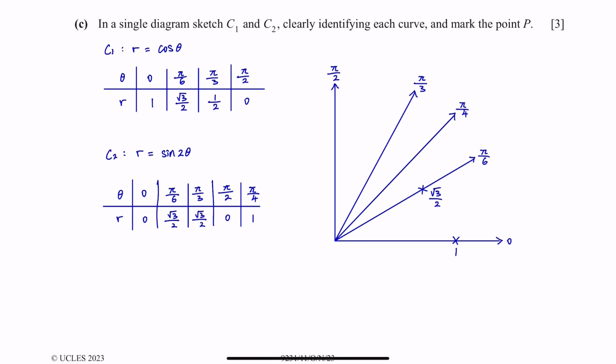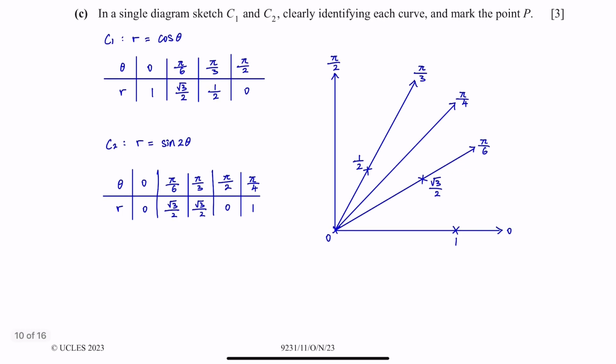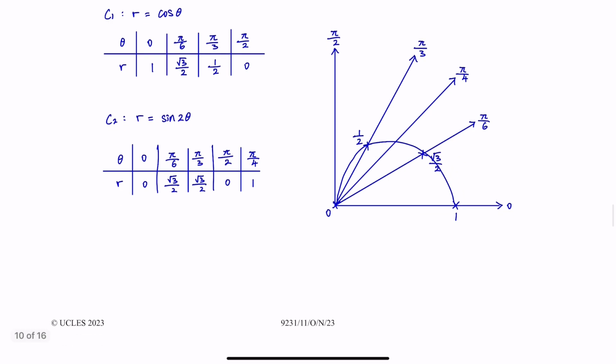So let's put it here. And when theta is pi over 2, r is 0 here. So the shape is around, it's like a semicircle. It should be around this shape for C1.